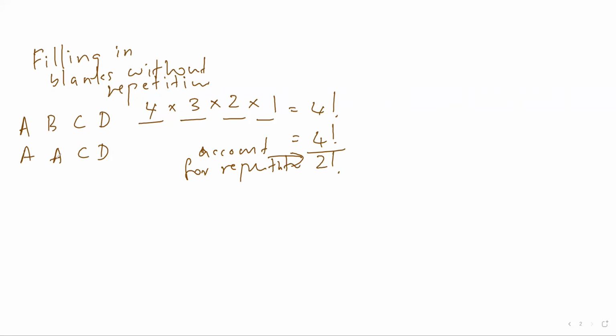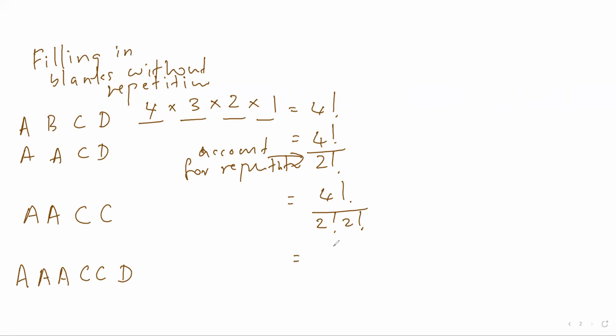So let's say in this case, A, C, C. In this case, it will be 4 factorial divided by 2 factorial and 2 factorial. Okay, and similarly, it doesn't matter how many terms are there, A, C, C, D, for example. This will be 6 factorial over 3 factorial and 2 factorial. This is to account for repetition of A, and this is to account for the repetition of C.